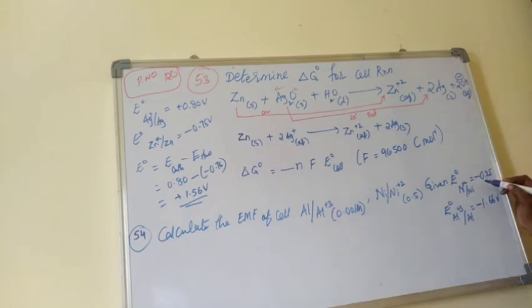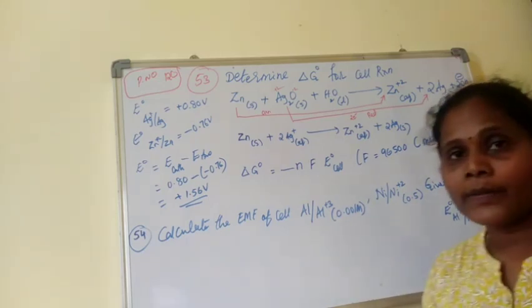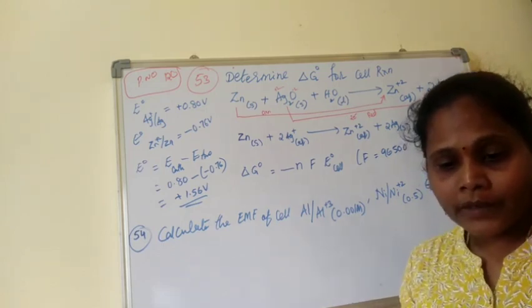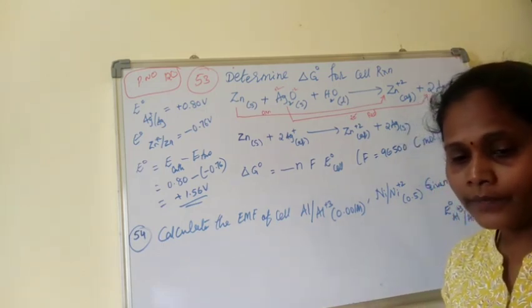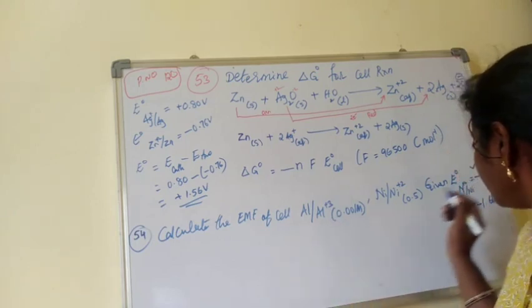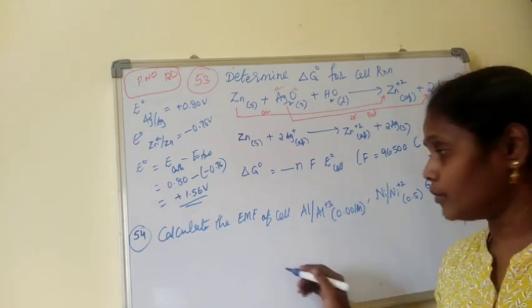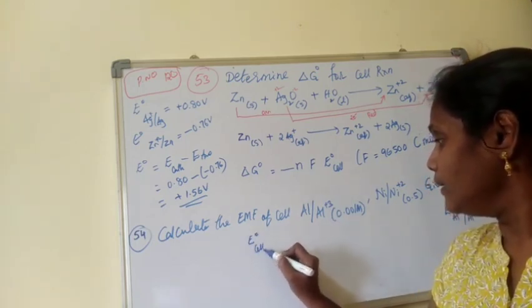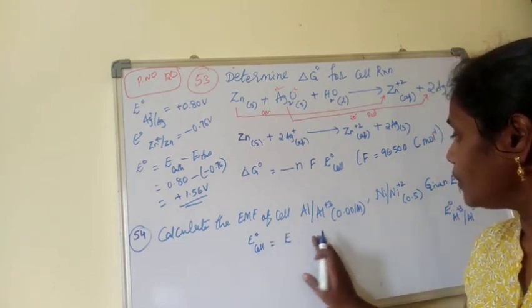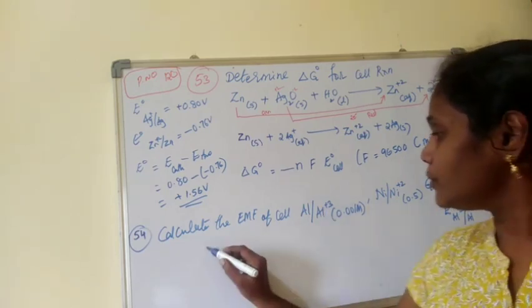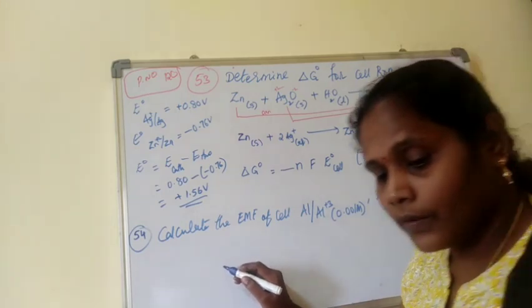Look at this: minus 0.25 and minus 1.66. So this value, minus 0.25, is more, so it will work as my cathode. So E naught cell will be E of cathode minus E of anode. Now we will write the equation.